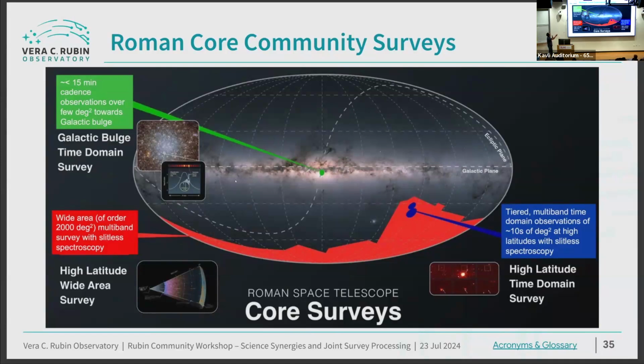Smaller areas in blue and green will have a time domain component. The high latitude time domain survey will focus on type 1a supernova cosmology. It will have a cadence of about 5 days, maybe 10 days, depending on how the definition process pans out. The galactic bulge survey will have a higher cadence of about 15 minutes with a shorter period focused on a smaller area.